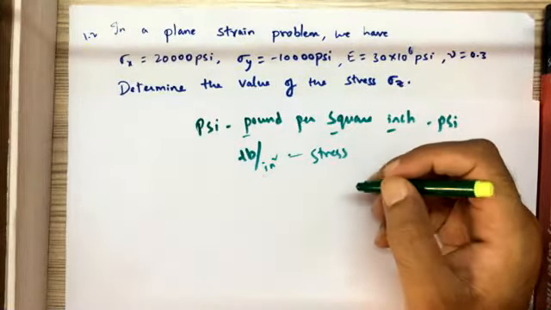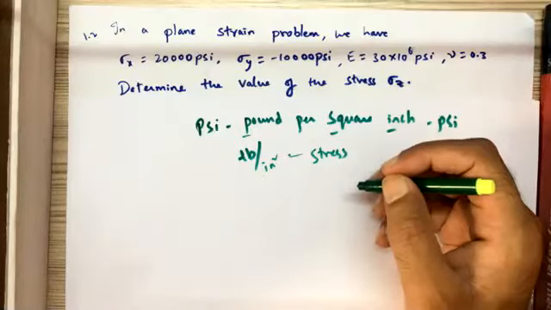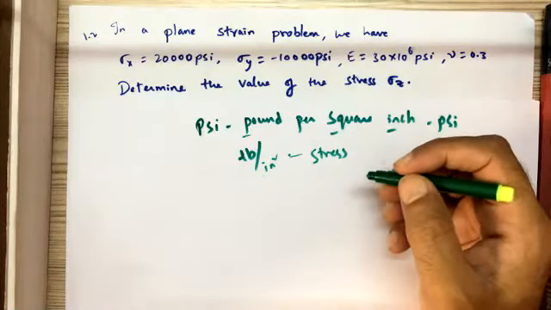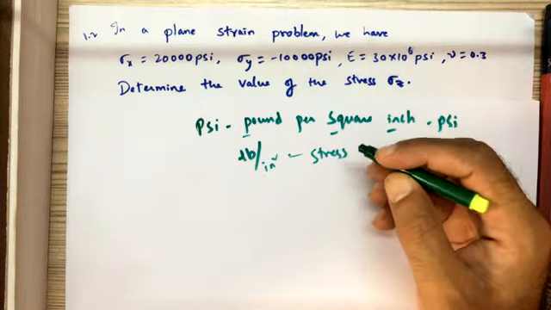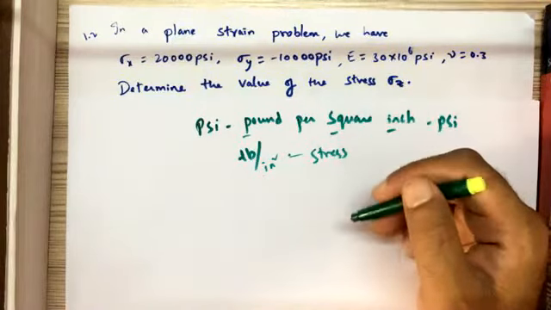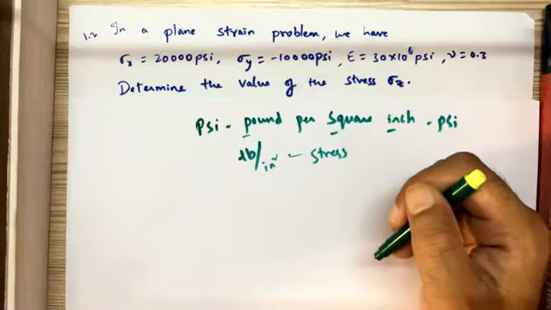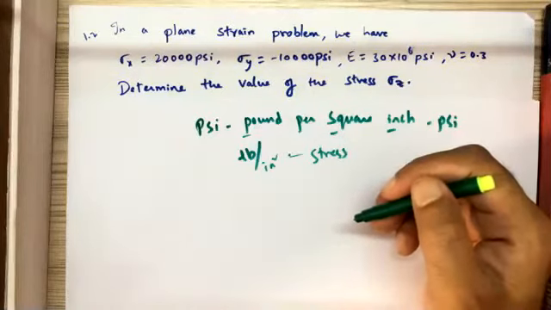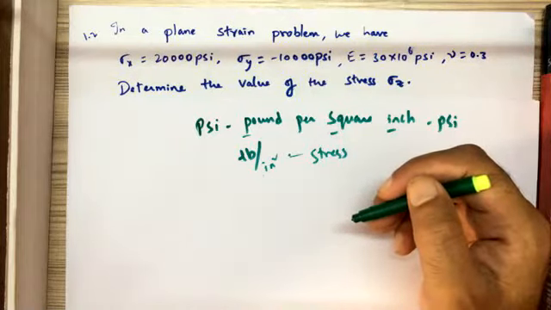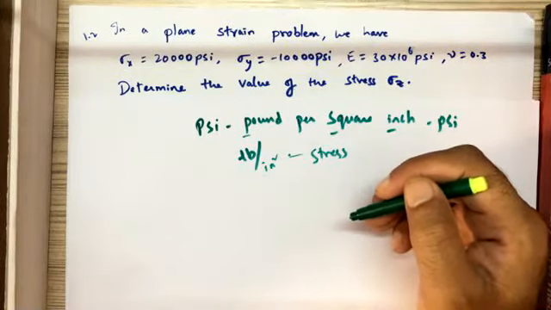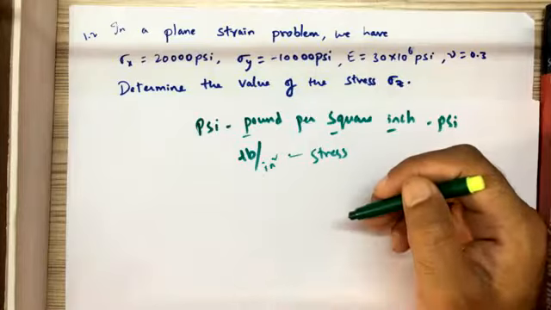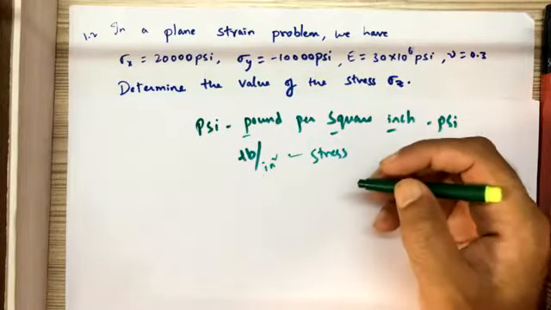Say for example, if you want to fill up the air in your tire, you would have seen that the machine which gives you the pressure is rated in PSI, pound per square inch, right? So there are some applications where people still use PSI for pressure.